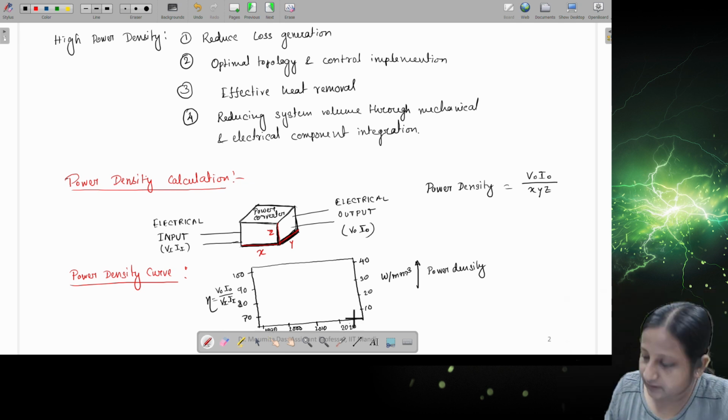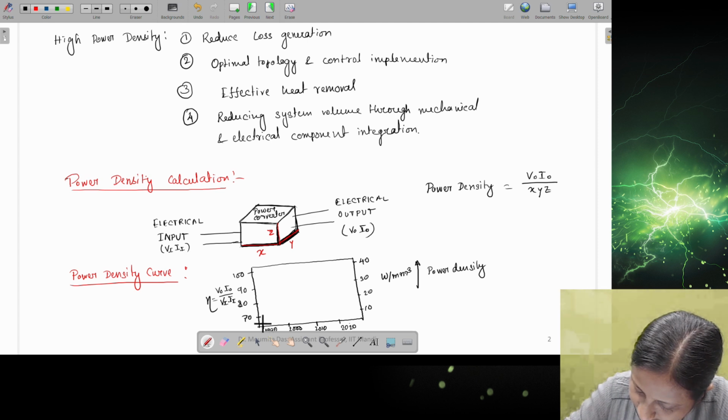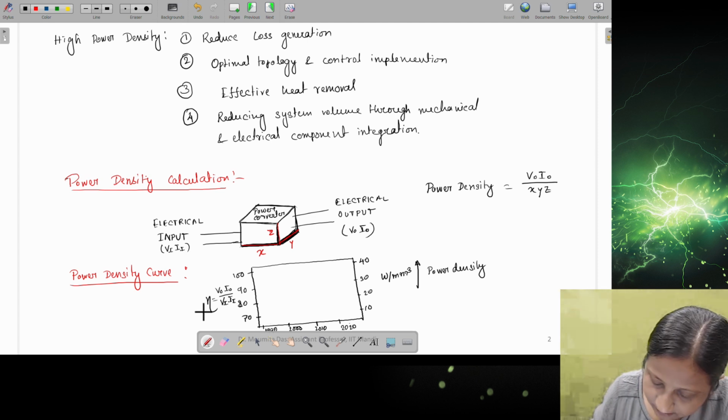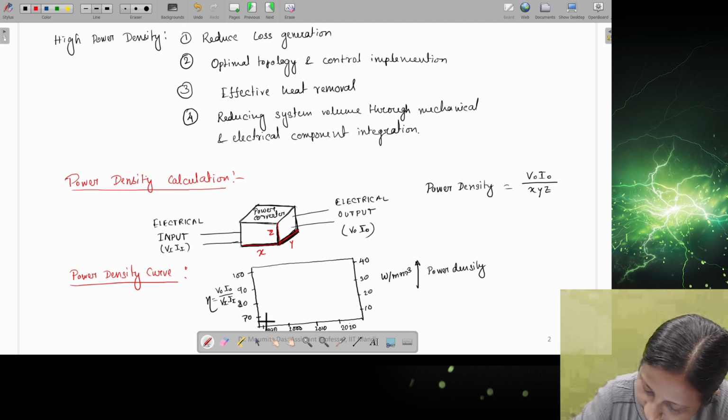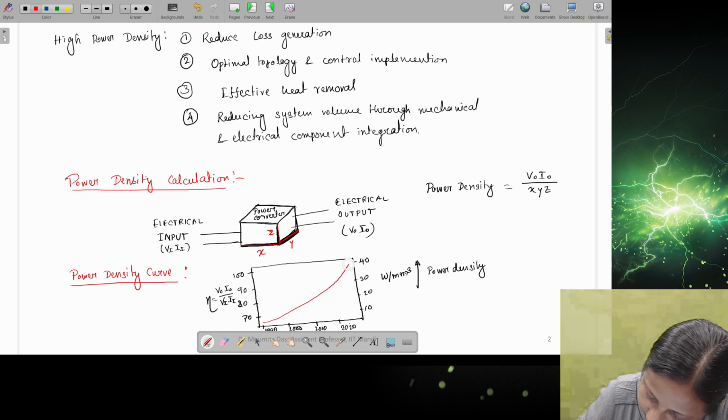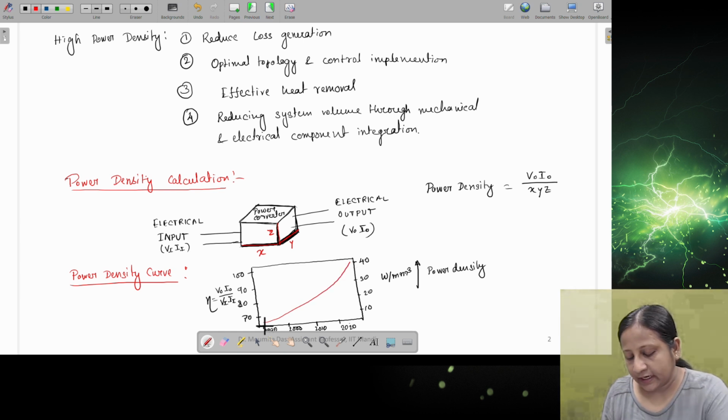Then if we try to represent this, we will see this curve, it actually looks like it is increasing with time.